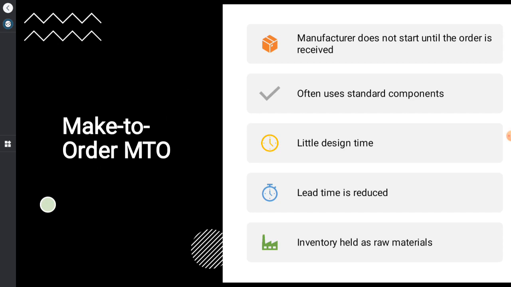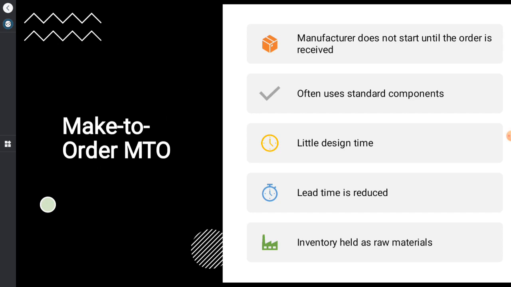Again, make to order is a business production strategy, the second strategy here, that typically allows consumers to purchase products that are customized to their specifications, but it's a limited customization, not like the one in the engineer-to-order.